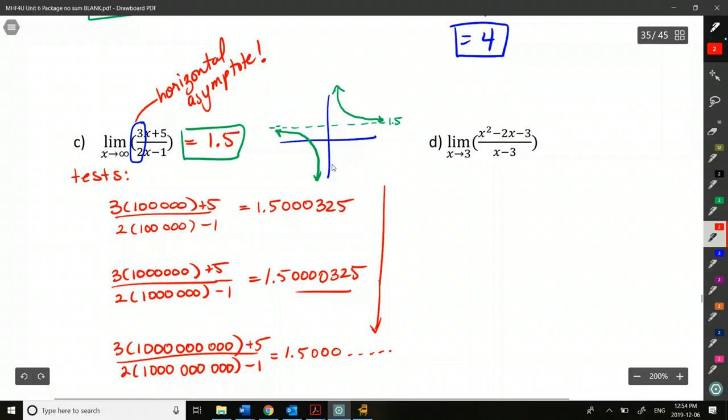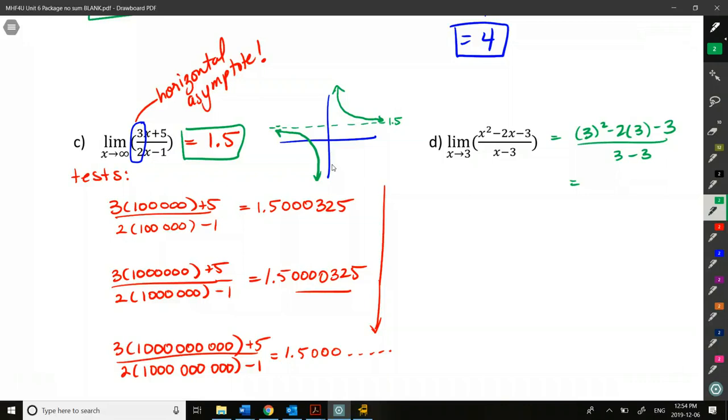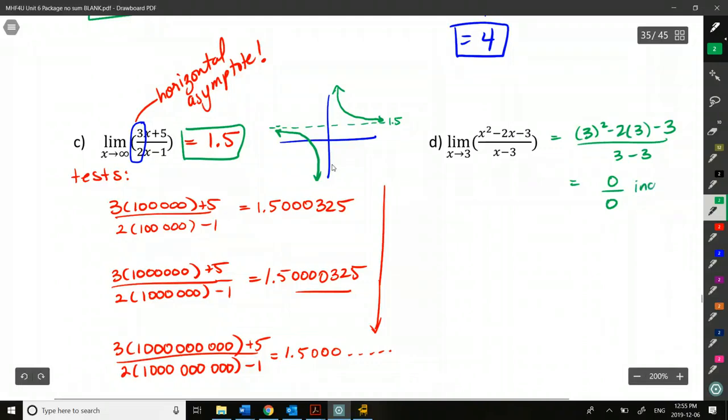All right. Let's try substitution here. If we do 3 squared minus 2 times 3 minus 3 over 3 minus 3, looks like we're getting 0 over 0. This is not an acceptable form. This is what we called indeterminate form.